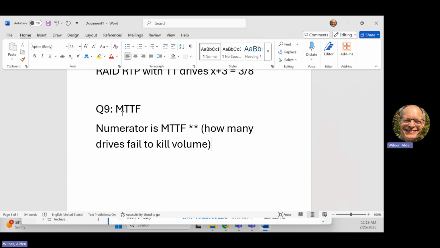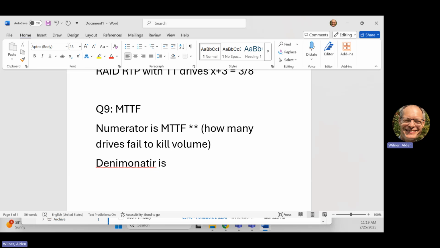So in the calculation, it's how many drives we have to fail to kill a volume, this smallest number we pick, right? The denominator. Well, let's have some fun and spell it that way.